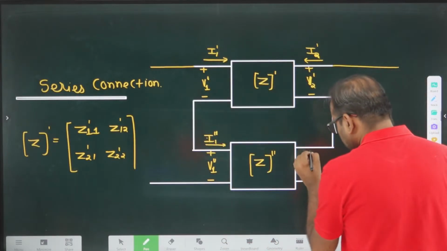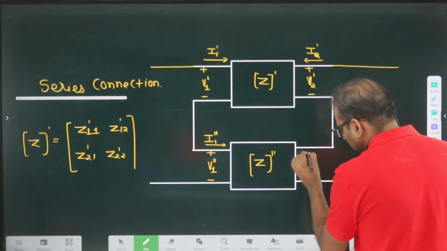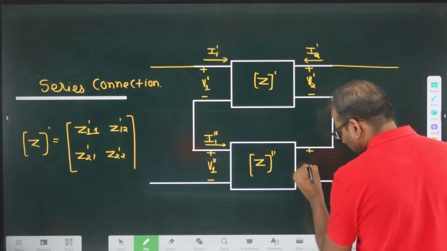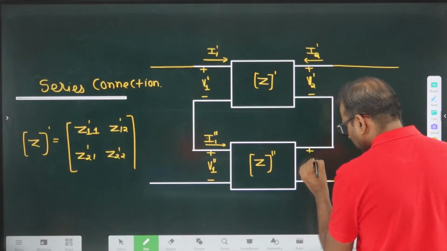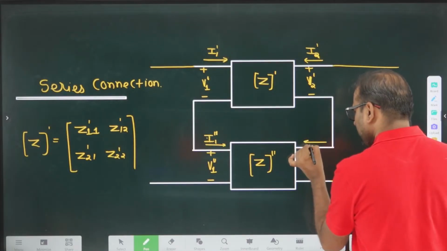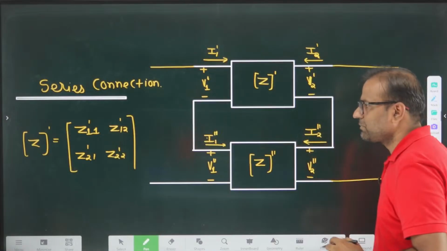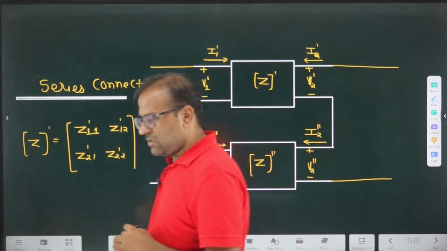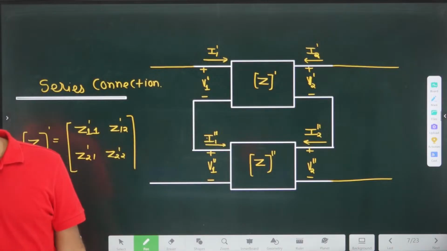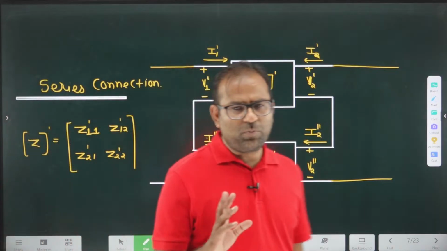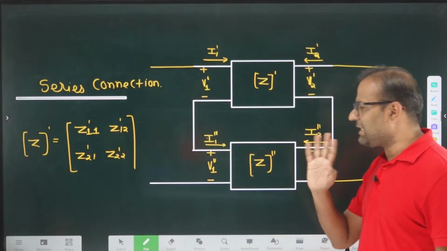At the output port, I am calling this as V2 double prime, and I am calling this current as I2 double prime, correct. ये मेरे पास दो टू पोर्ट नेटवर्क है, और दोनों टू पोर्ट नेटवर्क नंबर 1 और 2 दोनों के लिए एक सीरीज कनेक्शन बनाया है.